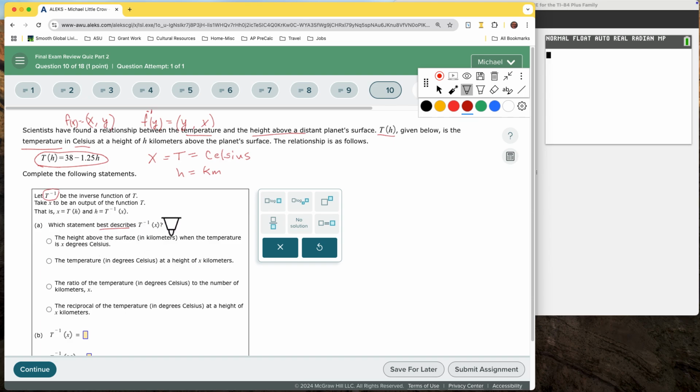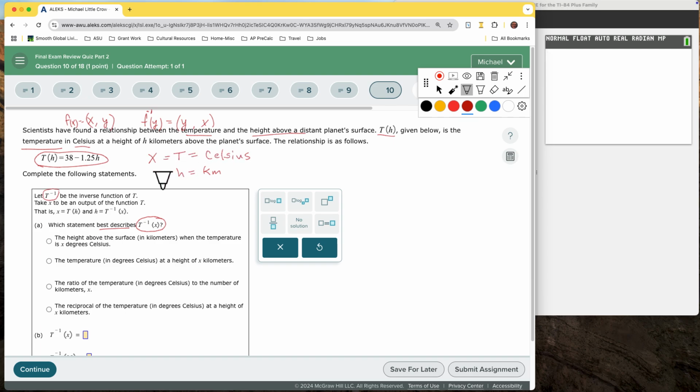So what is this symbol? Notice that's the output. When the temperature is X degrees Celsius. Okay, that might fit: the height above the surface in kilometers when the temperature is X degrees Celsius.